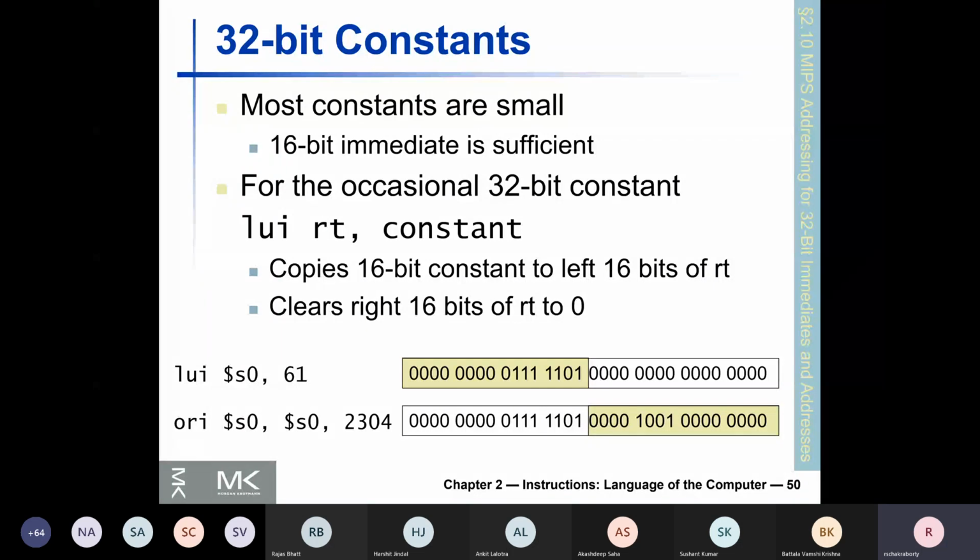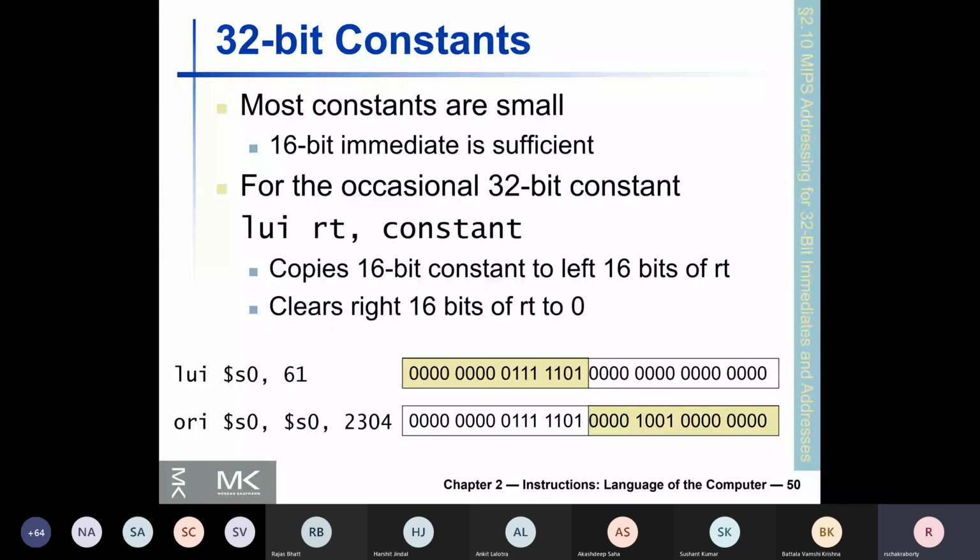They have a limitation that those constants cannot be more than 16 bits long. However, what happens if you need to load a register with a 32-bit constant?